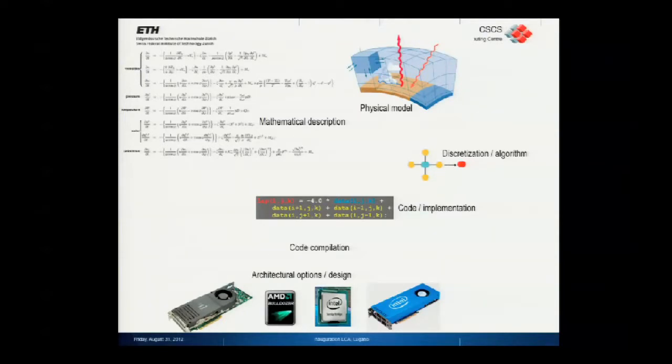For example, the IBM iDataplex system that was inaugurated a month ago in Munich, the most powerful system in Europe, is built out of this Intel Sandy Bridge processor.